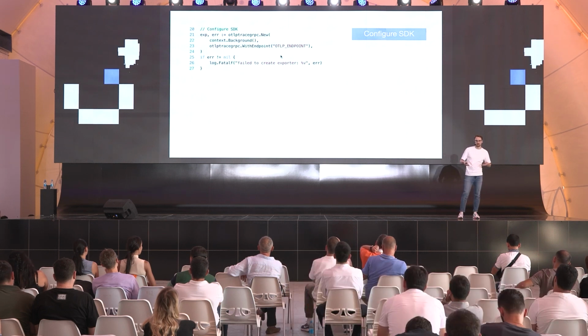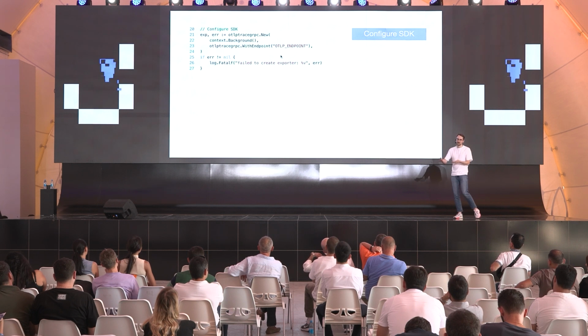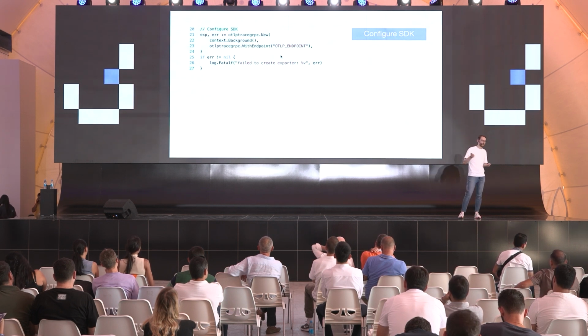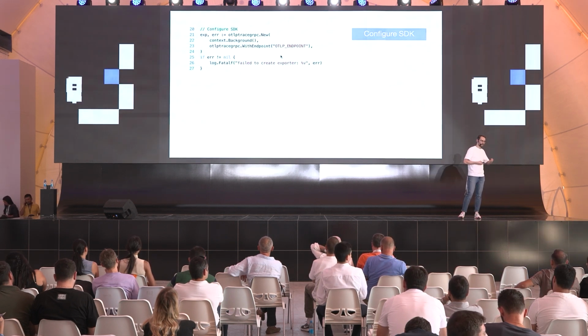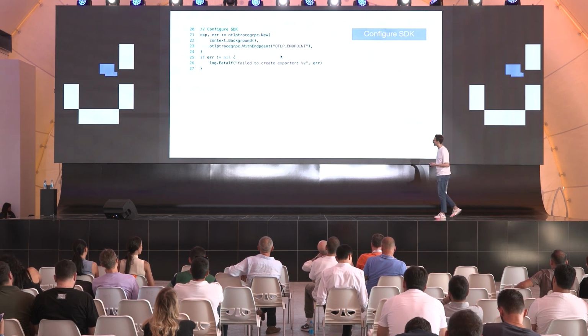Next step is to configure SDKs. In order to do that, we need an exporter. Exporter is responsible for sending our spans to the tracing backend. Here we are going to use an exporter that is using the OpenTelemetry protocol.